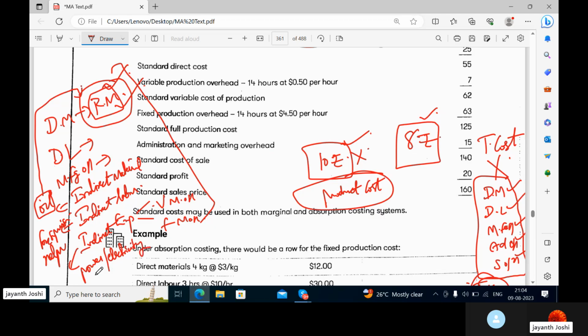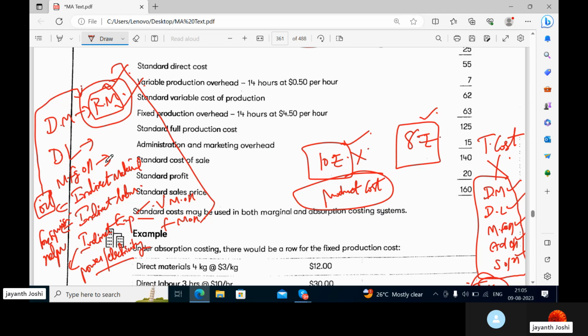Otherwise, the machine will not run if the electricity or power is not available. So we are paying all this money for electricity, power, factories, because we are doing the production. Even though they are not directly traceable to the product cost, we are incurring those costs in the production process, so we have to consider them.